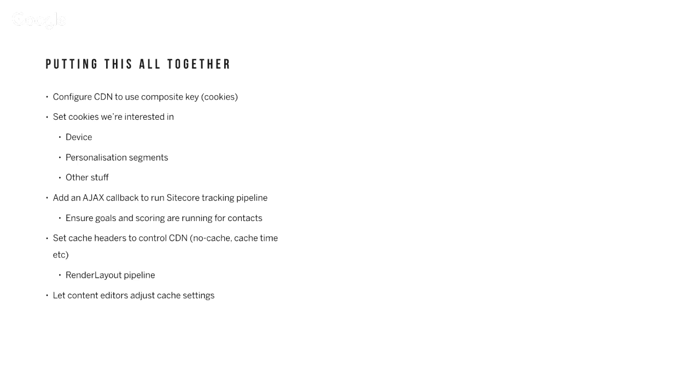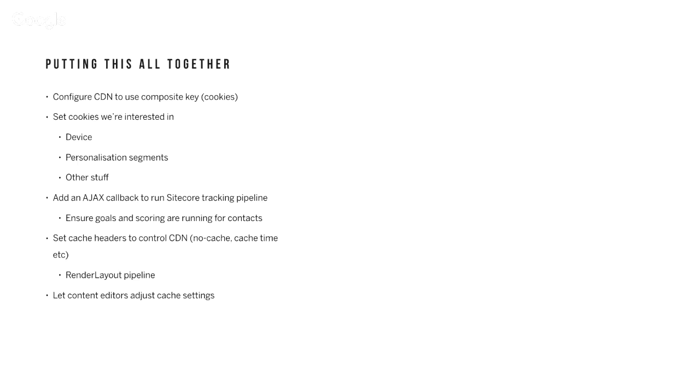This is the pro and con of this solution. The con is you can't just run any single Sitecore conditional rendering rule. It needs to be something that's been dropped out that the CDN knows about. Add an AJAX callback to run that Sitecore tracking pipeline, and then a few other pieces. You need to tell the CDN how long to cache content for and a few bits and pieces. A nicety is to let your content editors actually play around with this and adjust it.